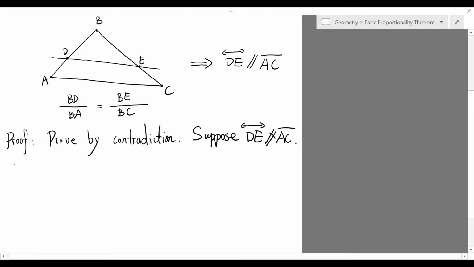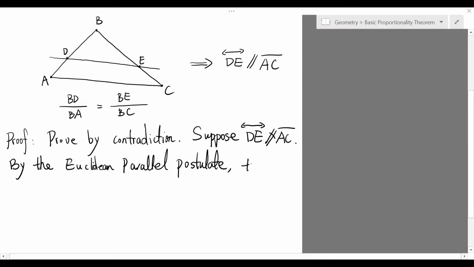On the other hand, by the Euclidean parallel postulate, there is a line through the point D, which is the point up here, and we're going to denote this line as DF, for instance.